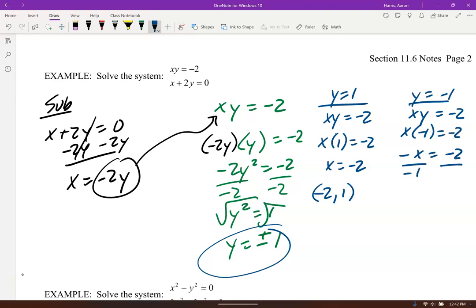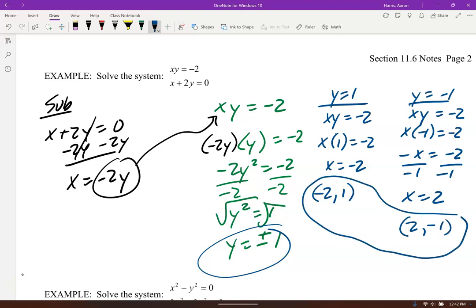Divide by negative 1. x is 2. So when y is negative 1, x is 2. So both of those: (negative 2, 1) and (2, negative 1).